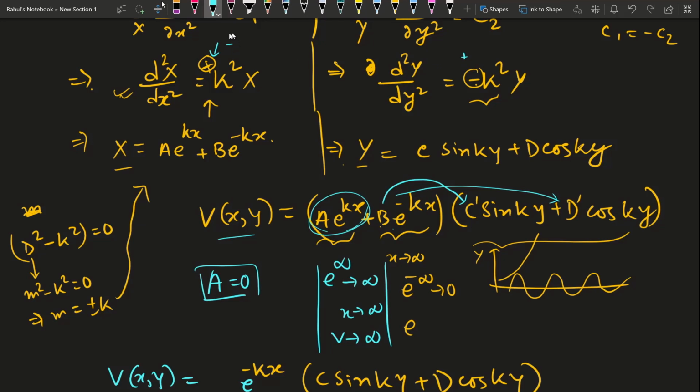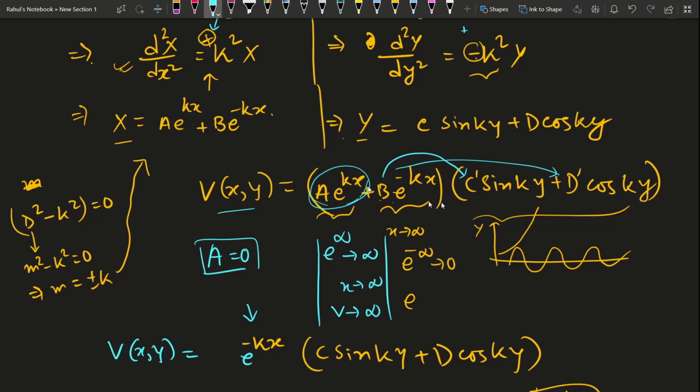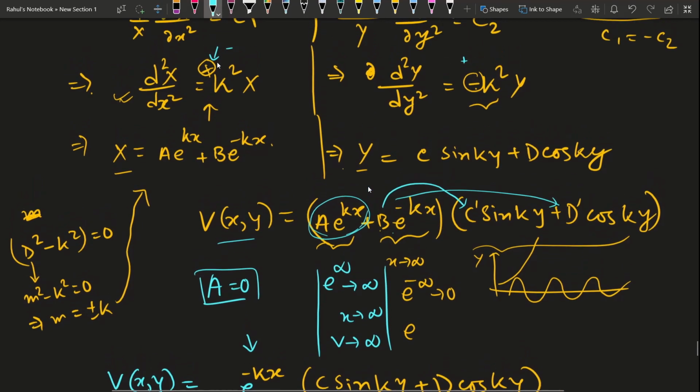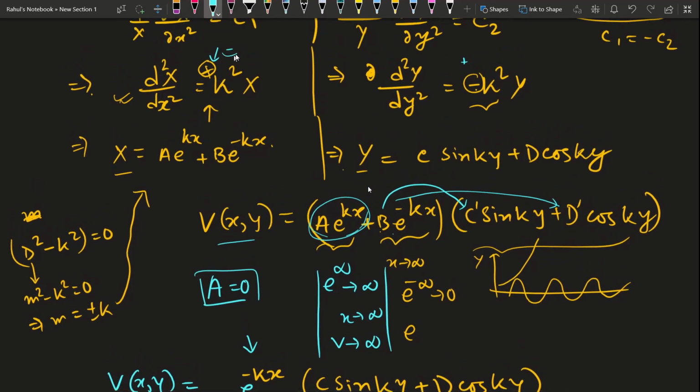Then this thing will be interchanged. This form will no longer be valid. Then the solution of x will be in sinusoidal form, and the solution of y will be in exponential form, right?